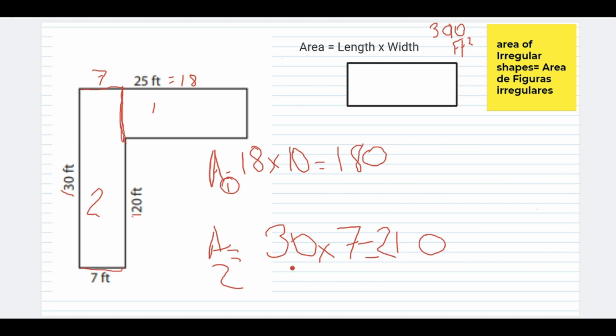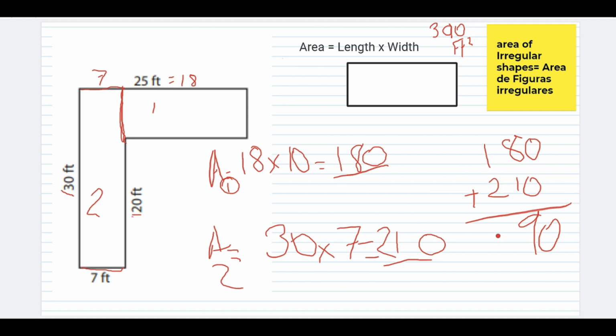Now what's next? We add the areas of both rectangles: 180 plus 210. We add the ones first. 0 plus 0 is 0. 8 plus 1 is equal to 9.